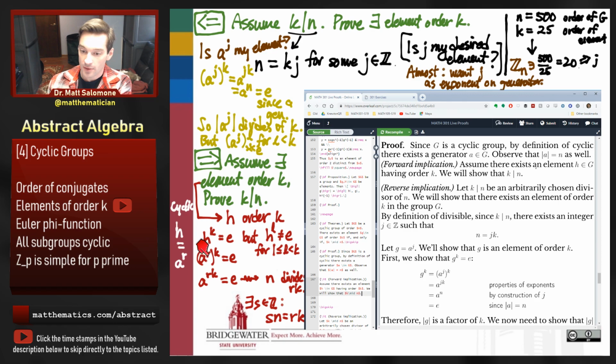So a to the 20, to the 25 equals the identity. And so that must mean that n, 500, divides 25 times 20, right?